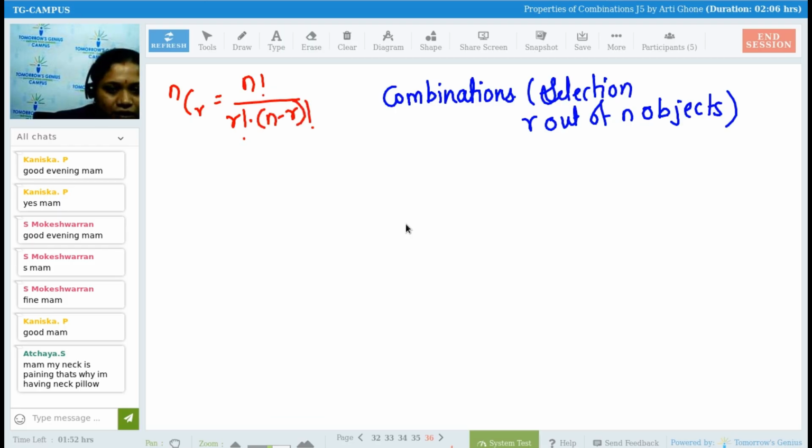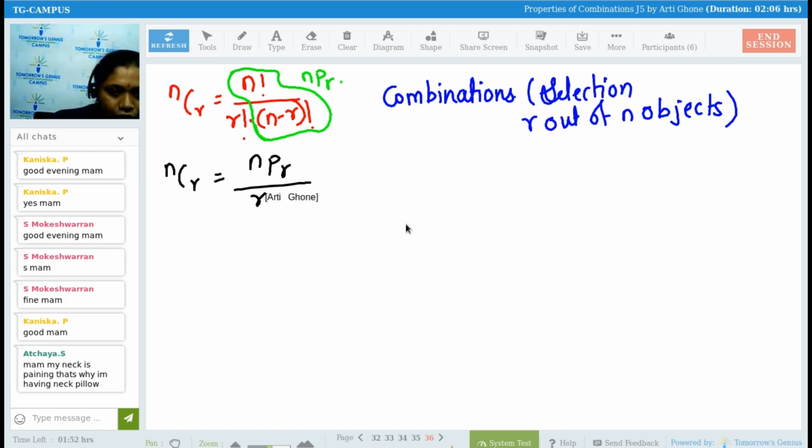What are you observing? This is nothing but a permutation. That green color part is nPr. So combination is made up with that formula also. We can say the alternative formula of combination is nPr upon r factorial. Both are true. Clear?